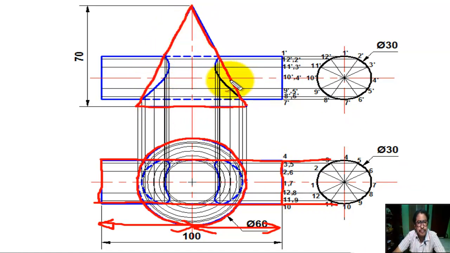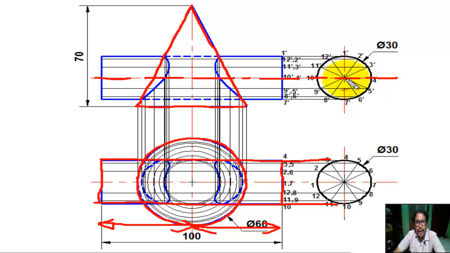Now on the front view, 20 millimeter above the base of the cone, draw a horizontal axis line.